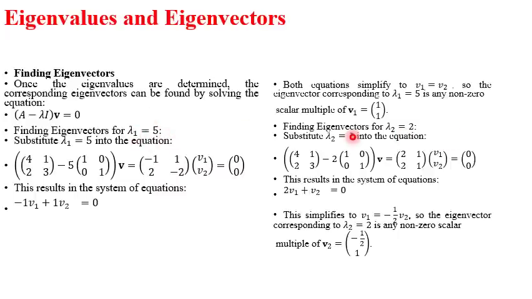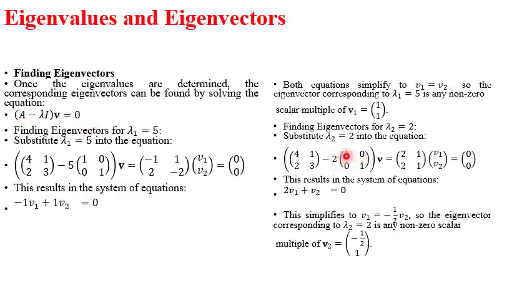So let's move on to finding the eigenvectors for the eigenvalue 2. In the same way, we transform the whole matrix into this form, and this is the matrix A minus the scalar value, that is the eigenvalue, 2, times the identity matrix.